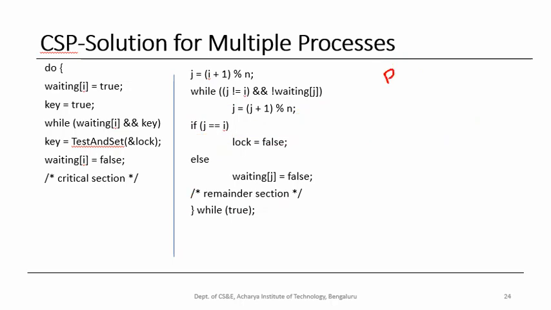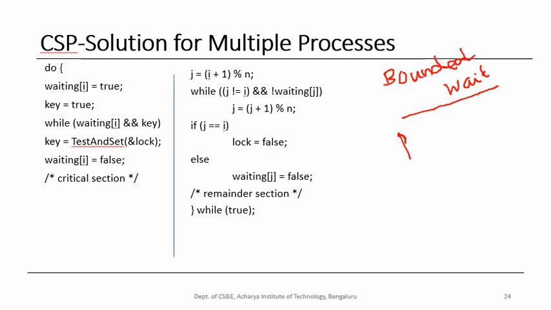Let me demonstrate that the bounded waiting constraint is also met. The argument that I made to demonstrate that the progress requirement is met, the same argument holds good here also.